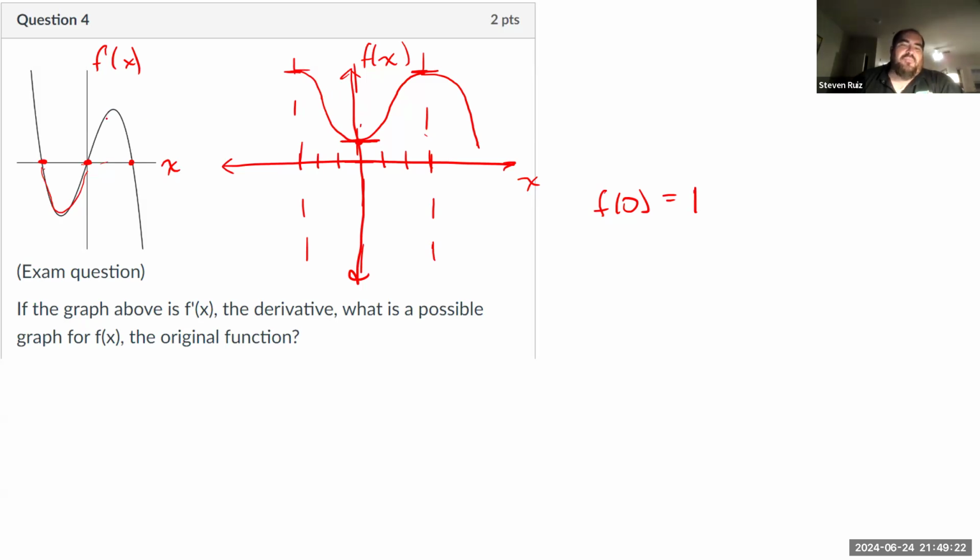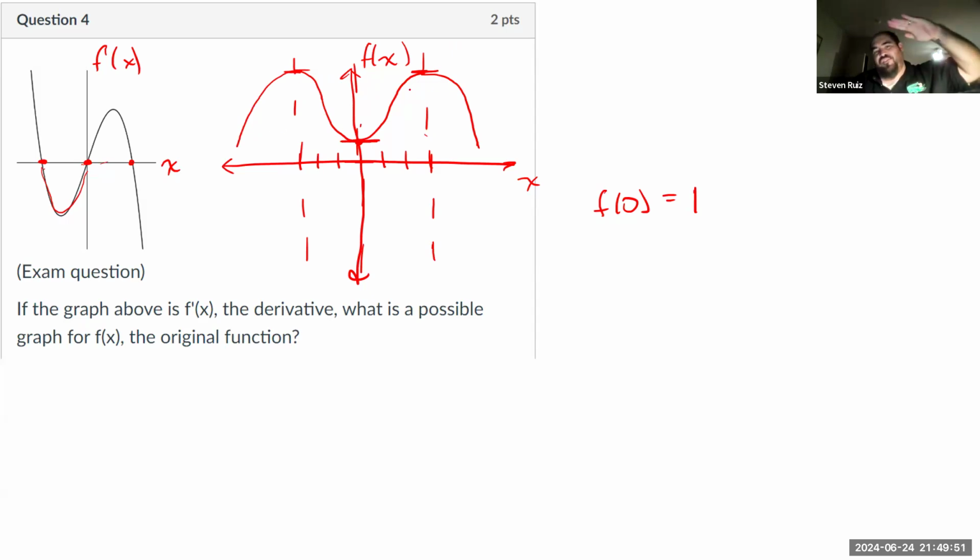All right, the last part of this graph I want to deal with is what's happening to the far left of x equals -3. Well, my derivative is positive, so I think that means my function has to be increasing. So I think I can justify this is going to be symmetrical over the y-axis. Like I said, I'm not looking at the multiple choices here, so I'm sure there's a graph that has this shape.